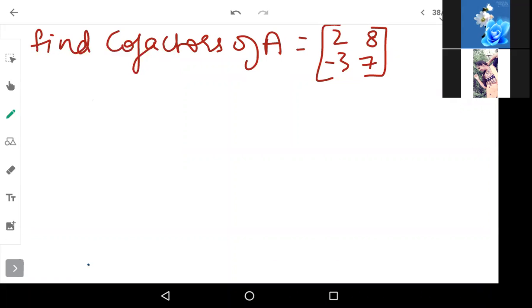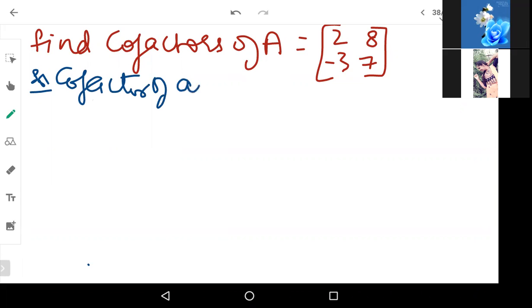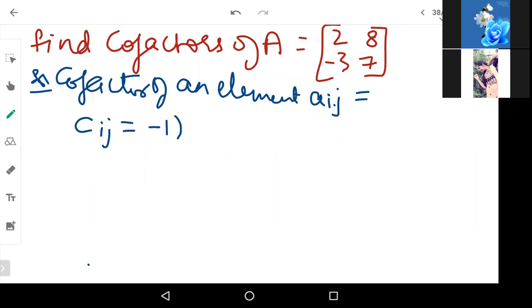The formula for the cofactor of an element Aij is Cij equal to minus 1 to the power i plus j into the minor of that i and j. Okay, so let us start.